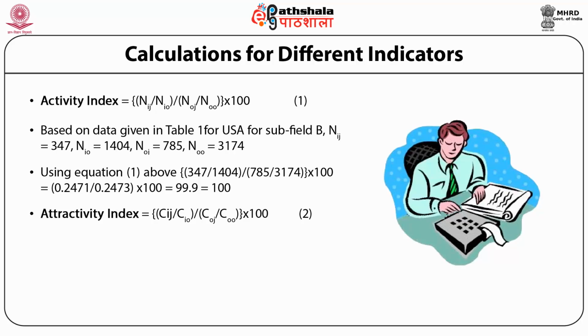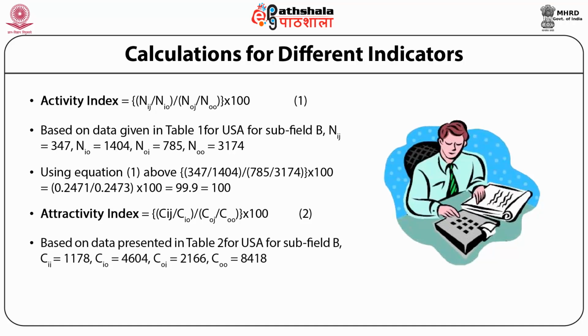Attractivity index, {(Cij upon Cio) whole upon (Coj upon Coo)} into 100. Based on the data presented in table 2 for USA for the subfield B, Cij is equal to 1178, Cio is equal to 4604, Coj is equal to 2166, Coo is equal to 8418.